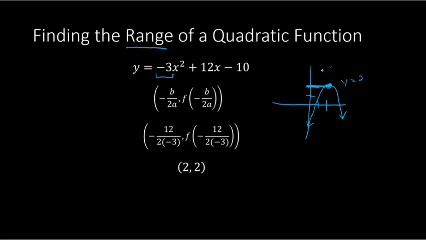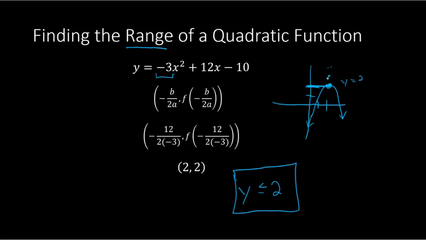You don't see any points above 2. So our y values will be at 2 and anything below 2, which we can state as y is less than or equal to 2. This would be your range: y is less than or equal to 2. Those are the possible values for y with this function.